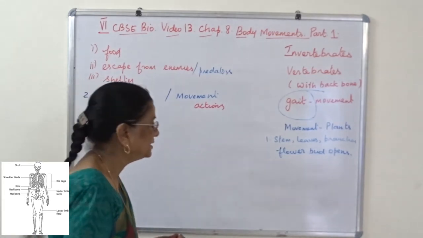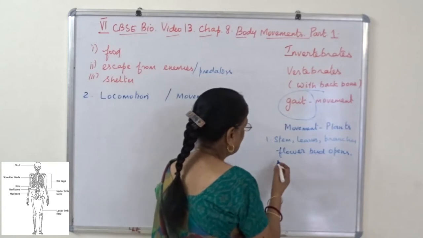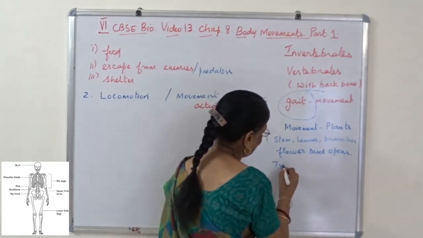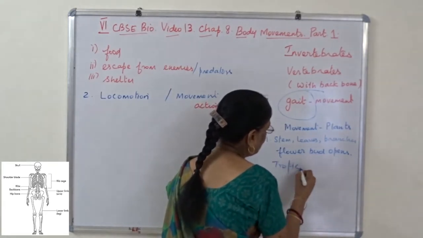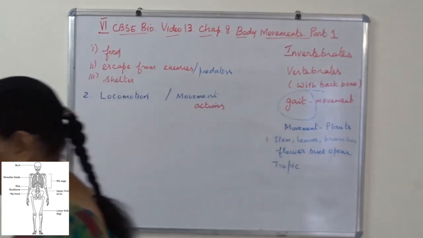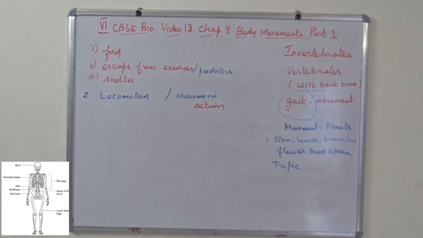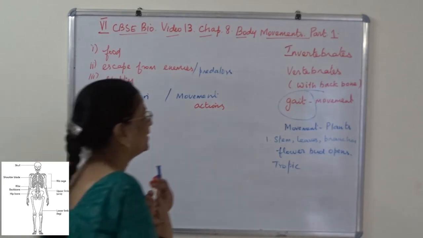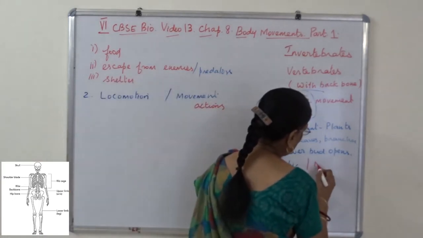And these movements in plants are tropic movement and nastic movement.